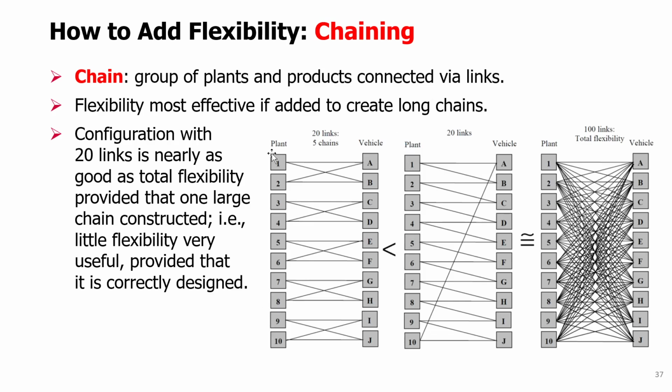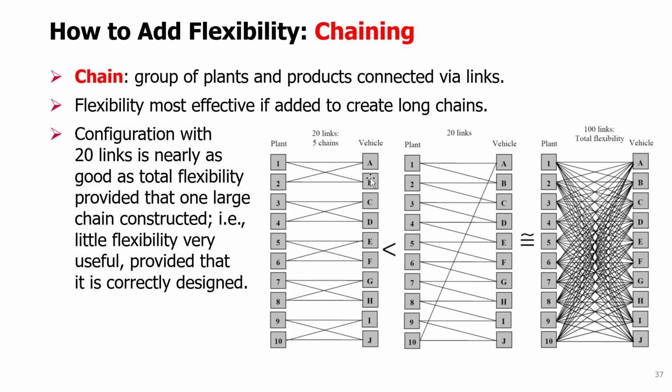One chain of all connected vehicles and plants. And this is another way to add 20 links, but it is much inferior, because here we have chains where only 2 plants are able to produce 2 vehicles in a kind of total flexibility, but they are a separate system from plants 3 and 4 producing vehicles C and D. The reason the chain works better is that, suppose the demands for vehicles A and B are smaller than 100, whereas the demands for vehicles C and D are larger than 100, maybe not much larger.